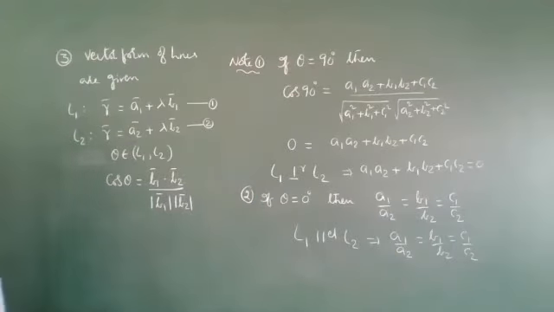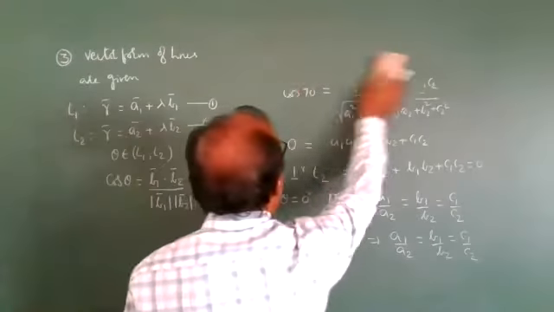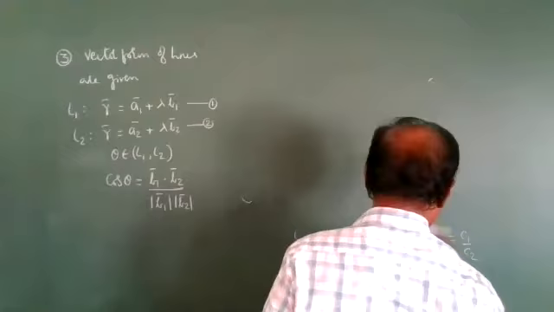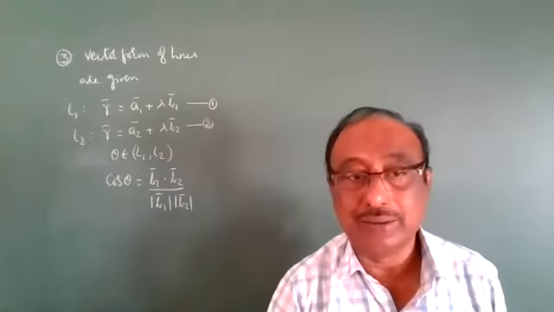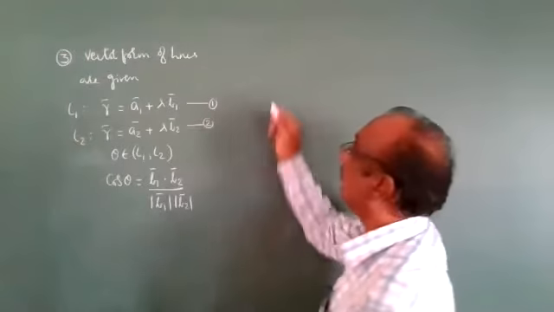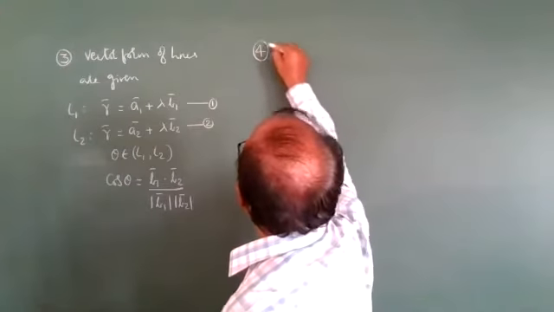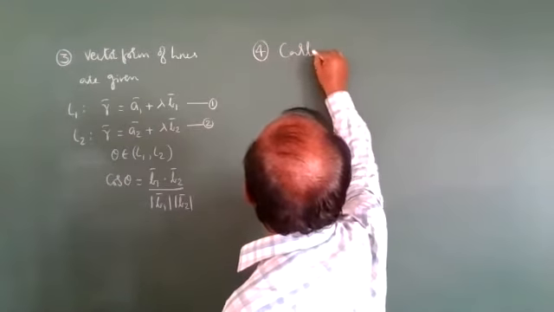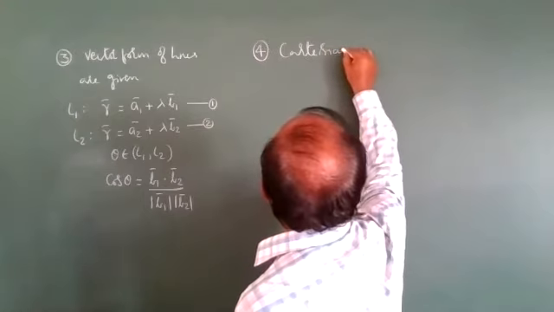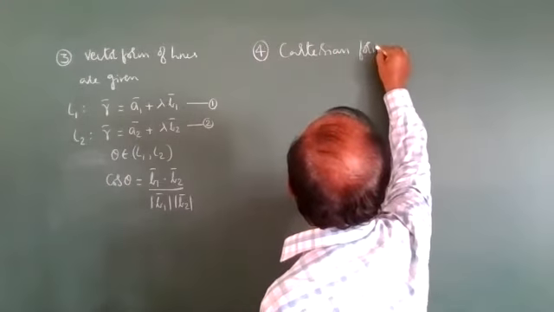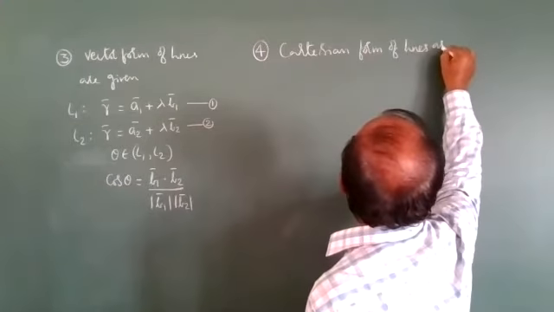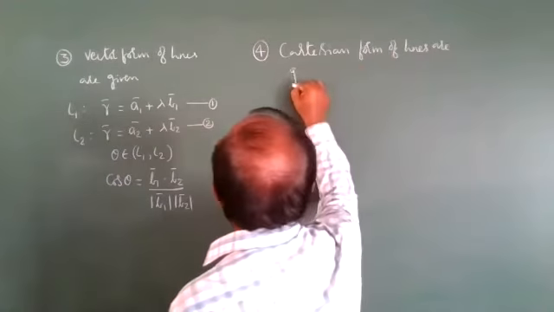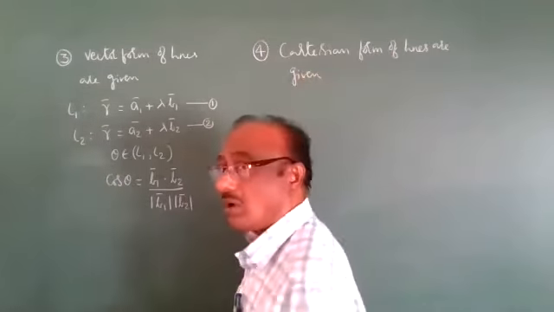Fourth point, everyone see the fourth point. Cartesian form of the lines is given. Note point number 4. What is the Cartesian form?